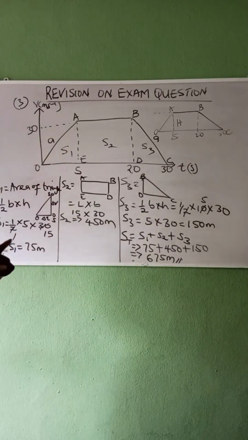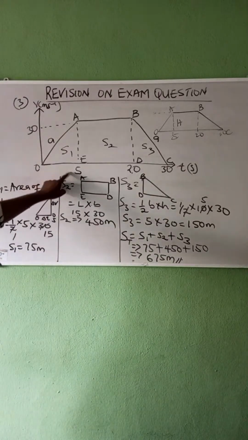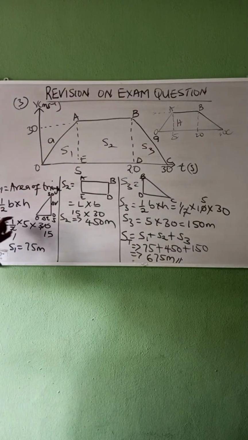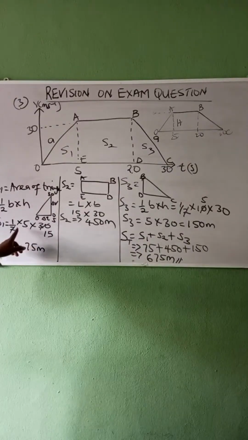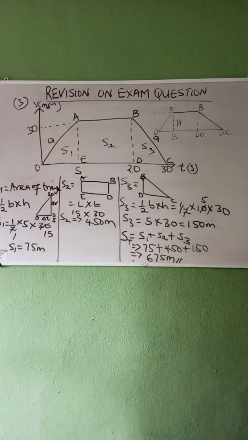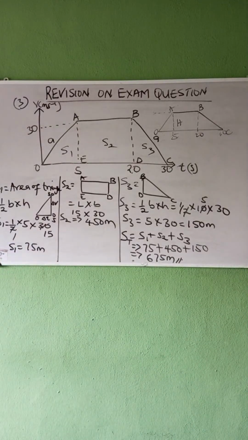Do you understand? So this is half base. My base is 5. My height is 30. By the time I multiply, I have this. Then 30 divided by 2 gives me 15. 15 times 5 is 75 meters. Okay? All right, I hope you are clear now.